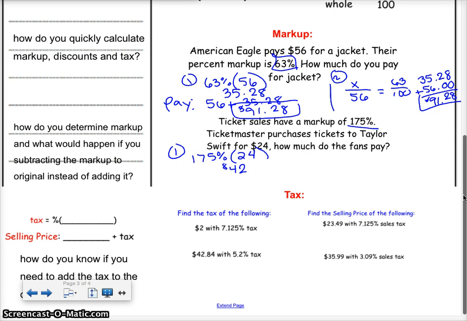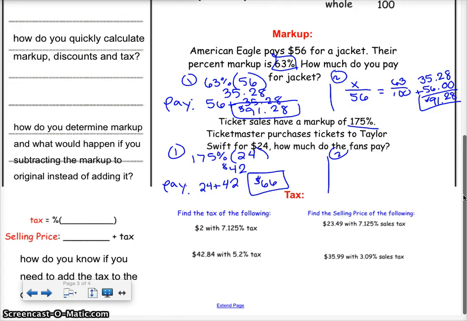No. No, that's their profit. So now what you pay is what they paid, 24 plus the 42. What's that, 66? You're going to pay $66 to see Taylor Swift. And that would probably be balcony. I'm sure they have different markup rates per section of a venue.